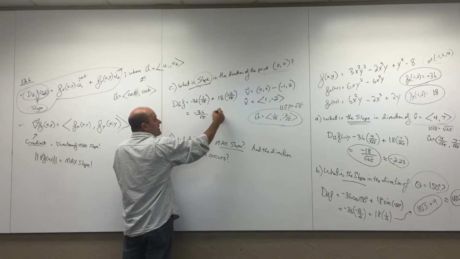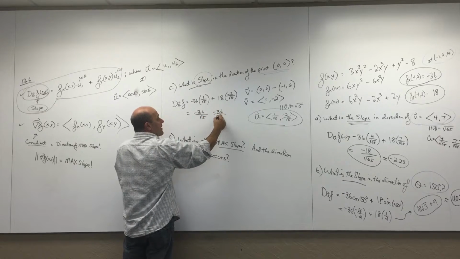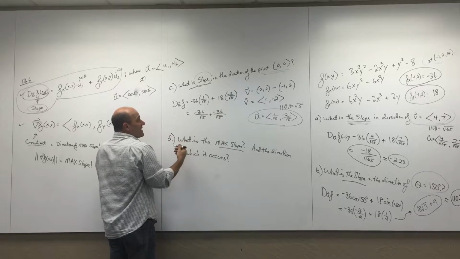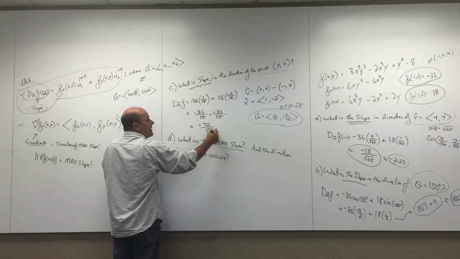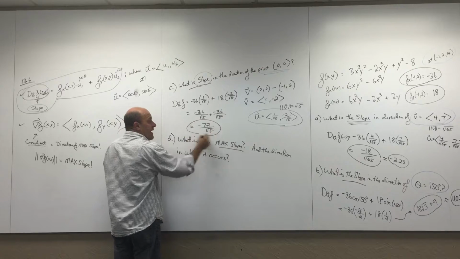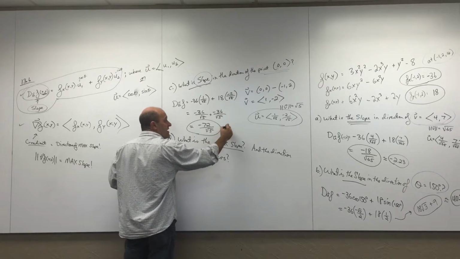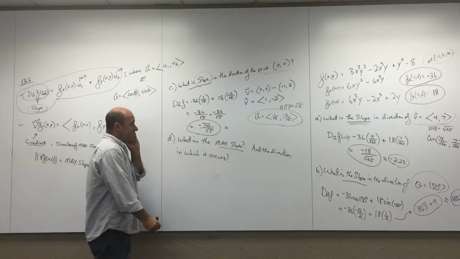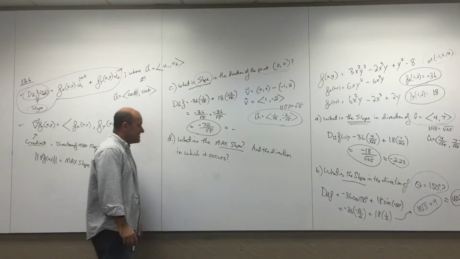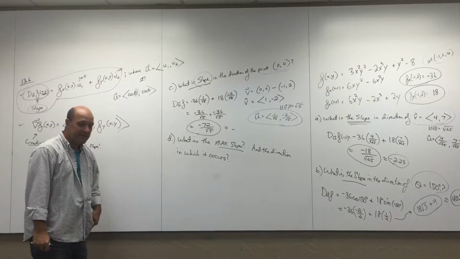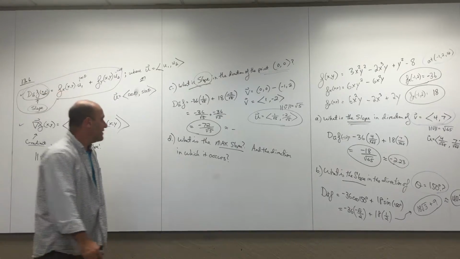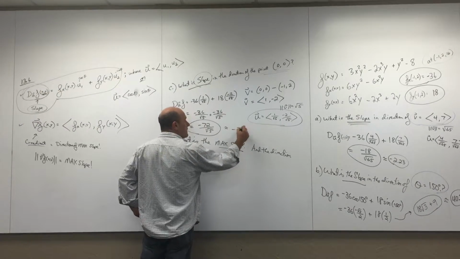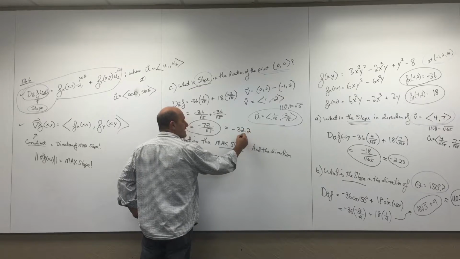Oh, look at that, negative 36 over the square root of 5. I'm adding those, they don't cancel out. That is actually negative 72 over the square root of 5. That's my answer. You can decimalize it. It's approximately negative 32.2. All right, I'll take that.